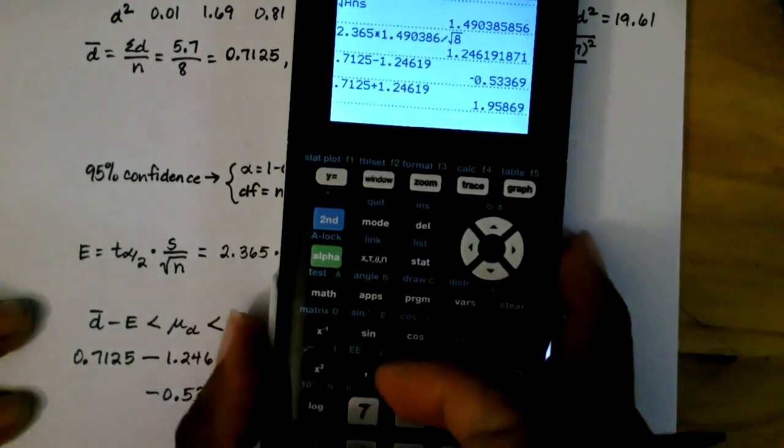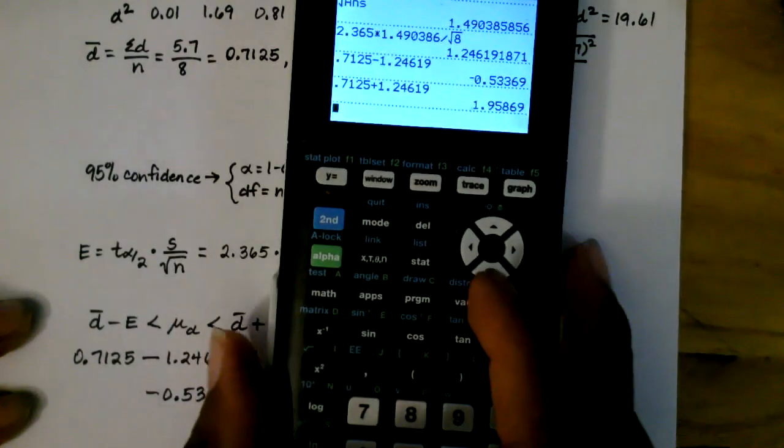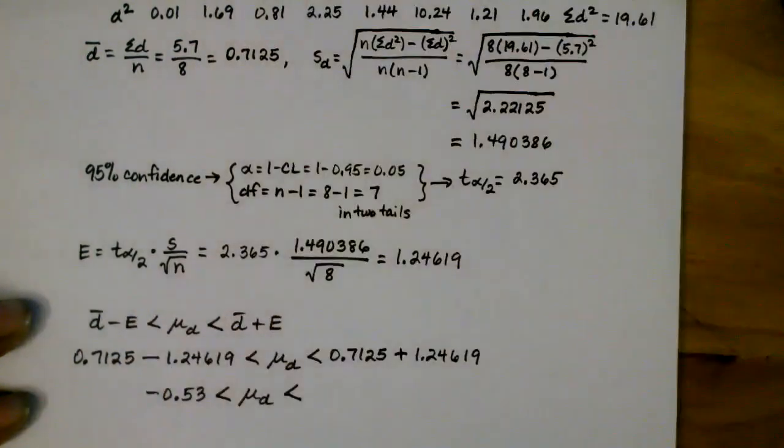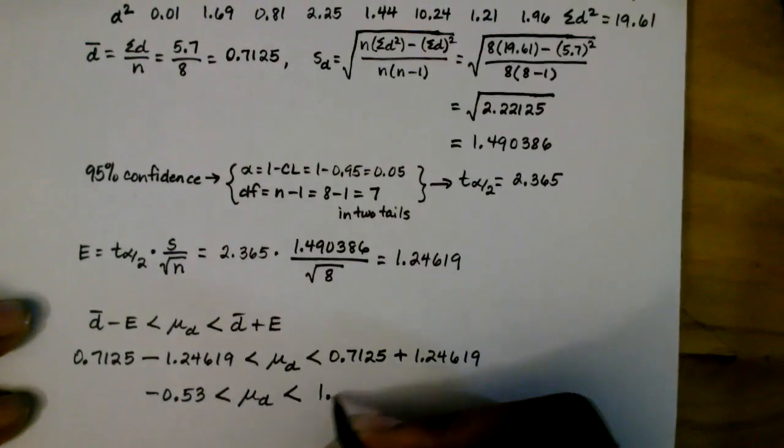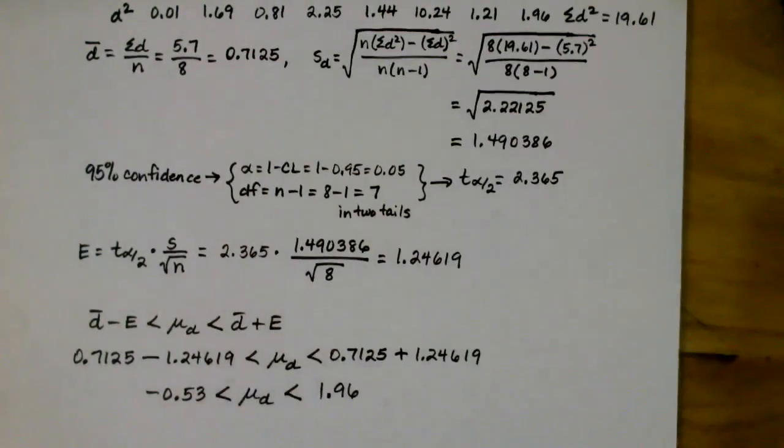That would give me positive, to two decimal places, 1.96. So to interpret that confidence interval, we can say that we are 95% confident that the true mean of the before and after differences in pain falls between negative 0.53 and positive 1.96.